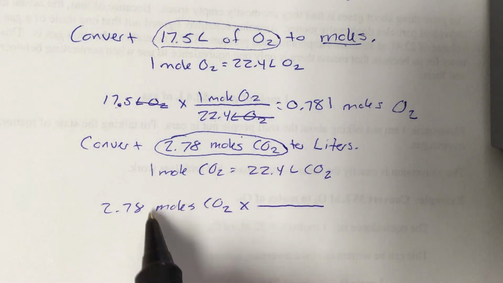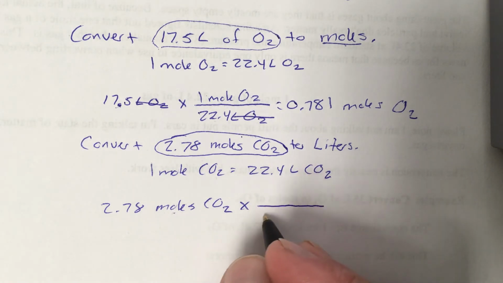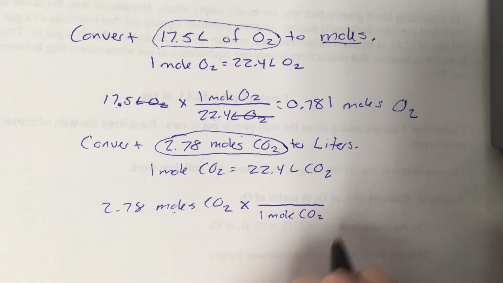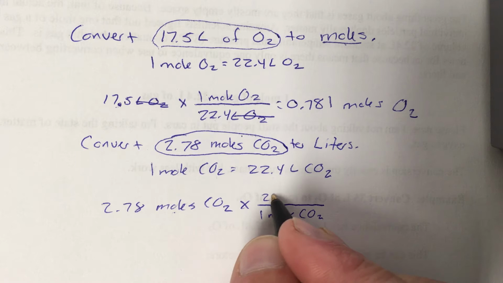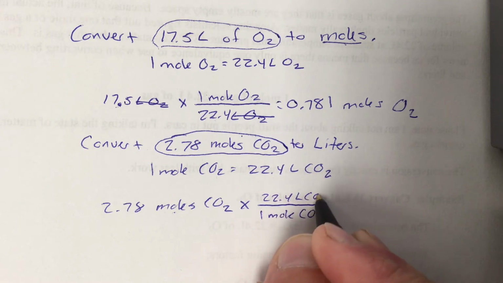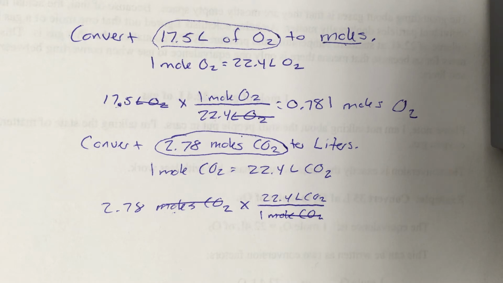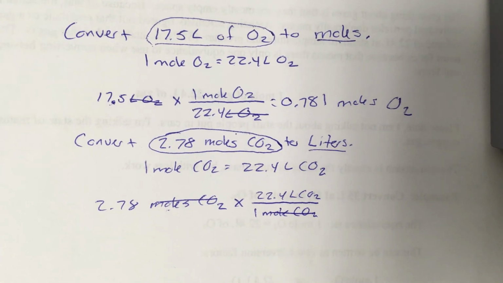But this time, I was given moles, and I need to cancel those moles out. So I'll put the 1 mole of carbon dioxide on the bottom. I'll put the 22.4 liters on top. Moles of carbon dioxide will cancel out. All I'll have left is liters of carbon dioxide, which is what I was asked to find.